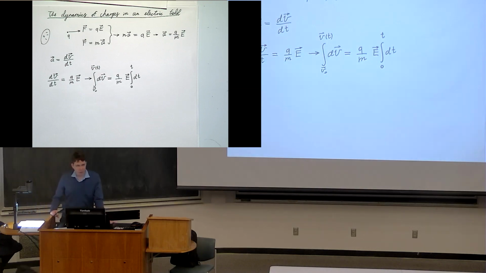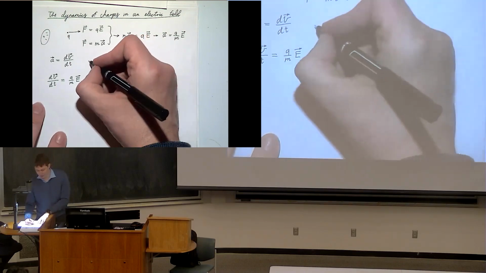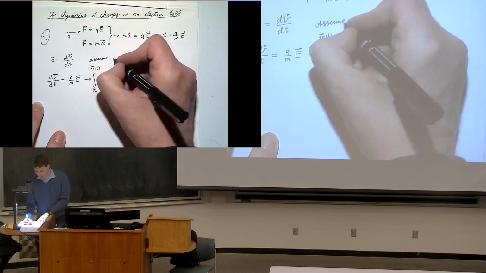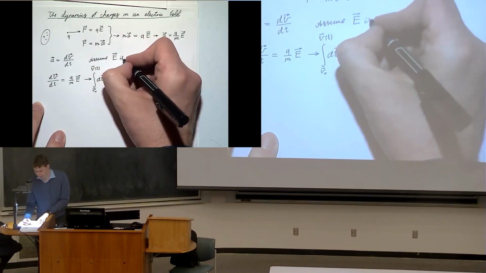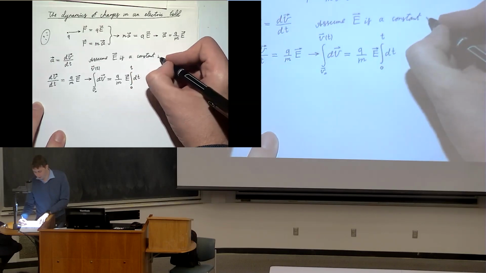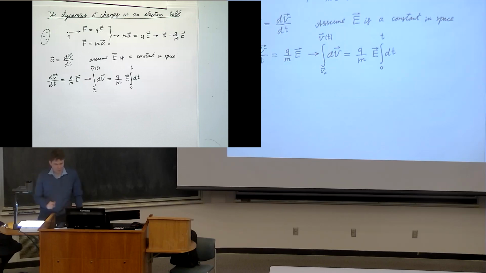A question: why is it that we treat the electric field as if it's a constant? Oh, I assumed. Yeah, it's a good point. I assumed that E is a constant in space. Is this one in particular a nifty way to do it with a uniform field?